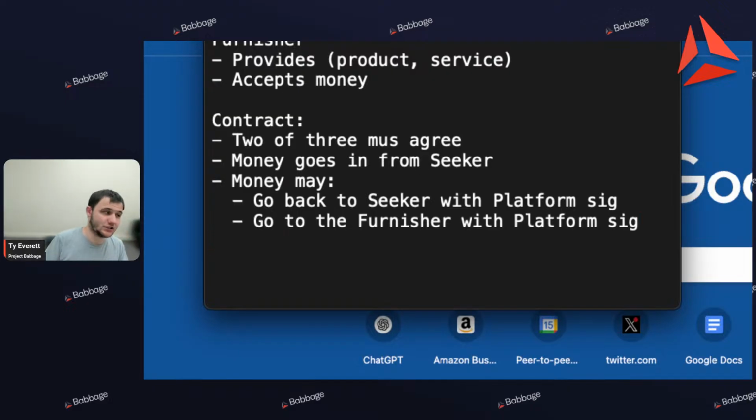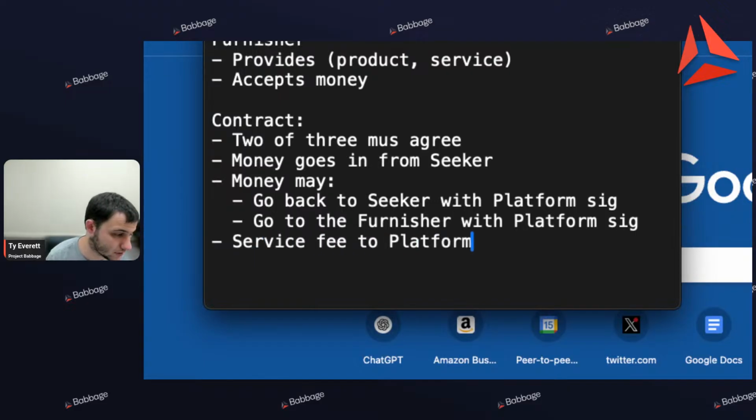Right, so that's essentially the idea. Service fee to the platform for providing escrow services.